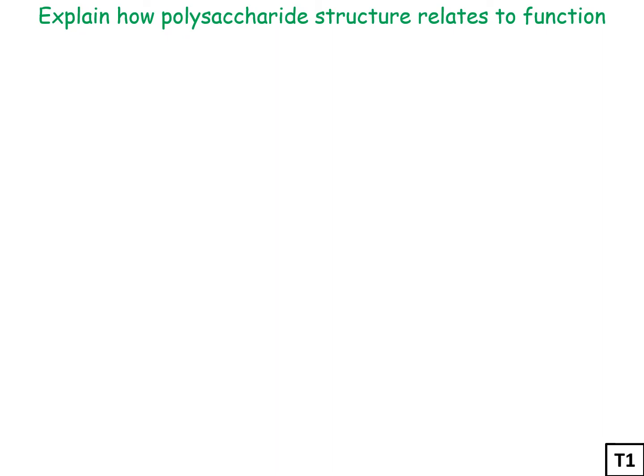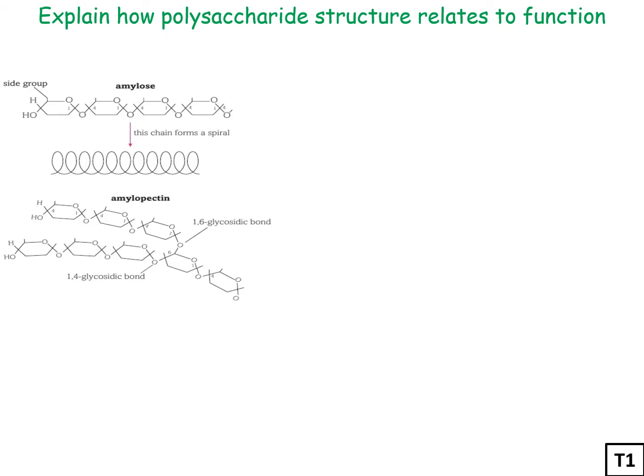Explain how polysaccharide structures relate to their function. Here we've got 2 examples of polysaccharides, amylose and amylopectin. So these are polysaccharides because you've got lots of repeating units of saccharides joined together by condensation reactions where they're bonding to each other with glycosidic bonds.